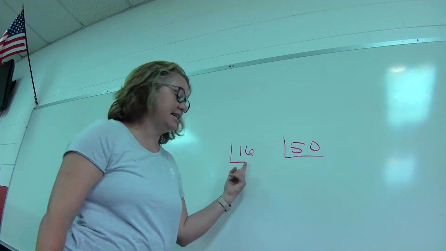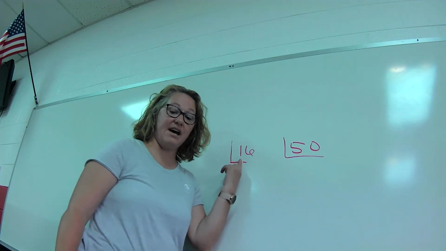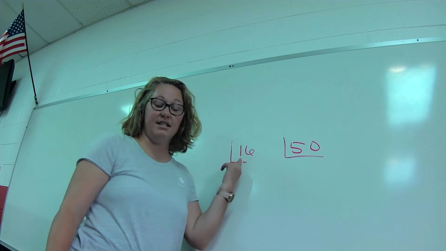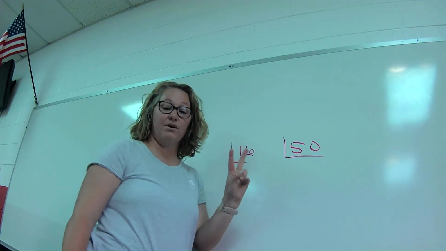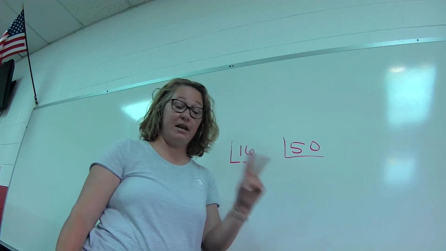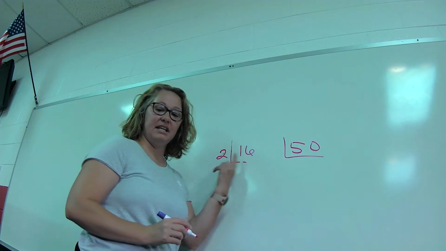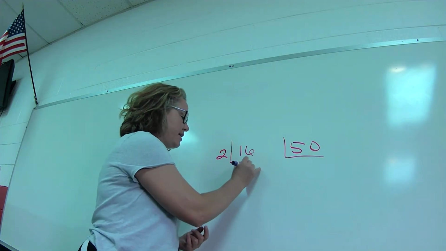So I have 16. We're going to find the prime factors of 16 by dividing out the primes. 16 is an even number, so I need to start with the first prime number, which is 2. Remember, 2 is the only even number that is prime. So I put a 2 right here. 16 divided by 2 gives you 8.